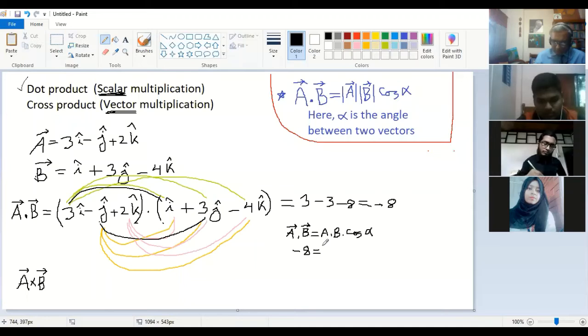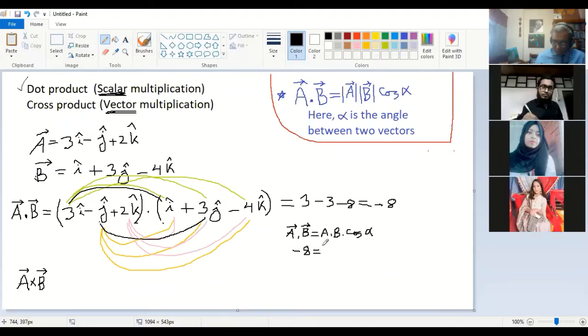You use that formula, root over 3 square plus minus 1 square plus 2 square. So what is the value? Root over 14. Okay, good. So let me write down root over 14. And what is the value of B?